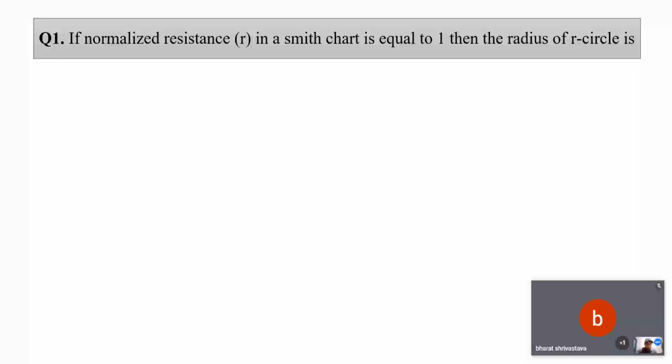In a Smith chart, there are two types of circles present. One is the resistance circle, and the second one is the reactance circle. To solve this problem, we first have to know the equation of the resistance and reactance circle.